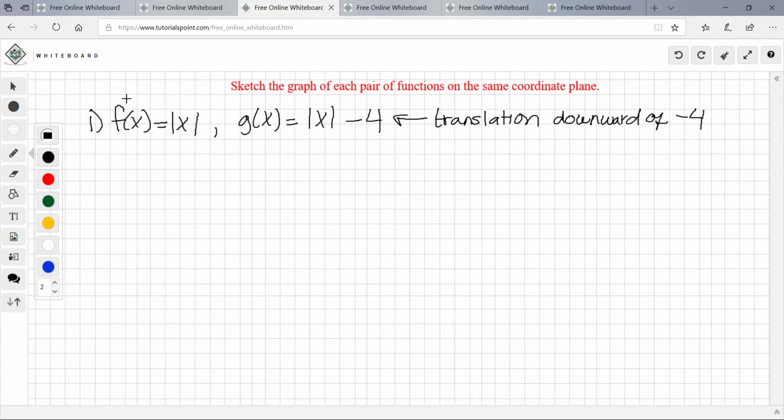Right? So let's graph it. Try to make it kind of nice. Okay, so let's graph the absolute value of x.